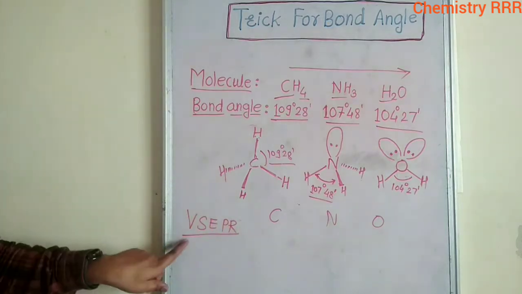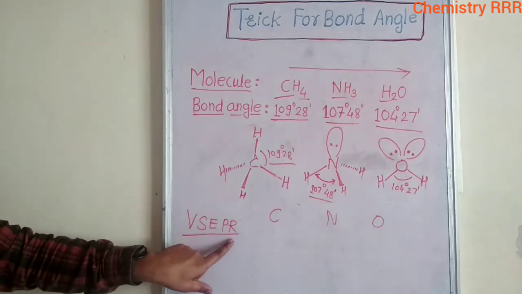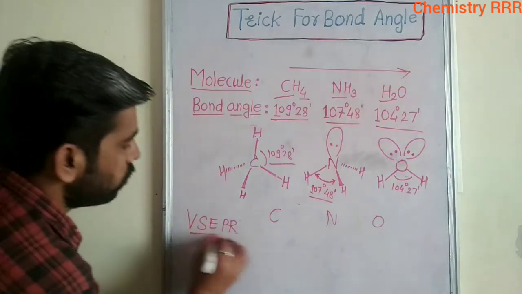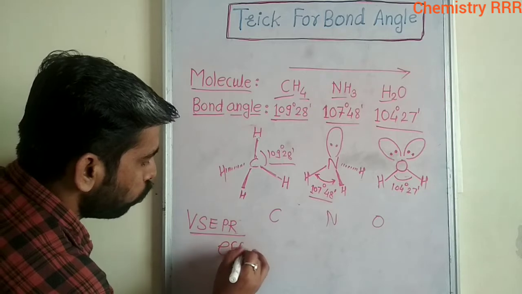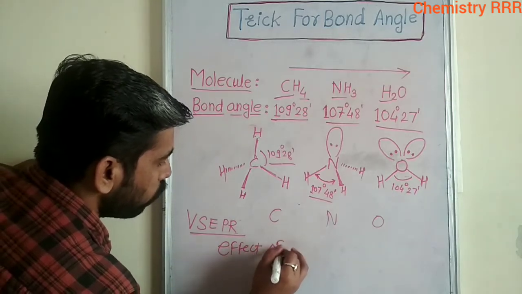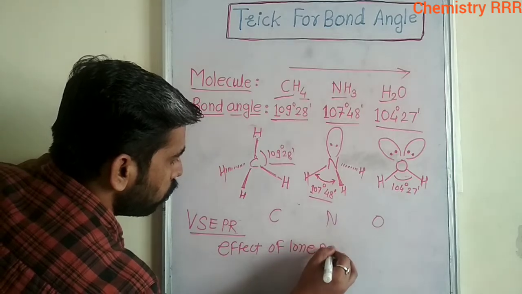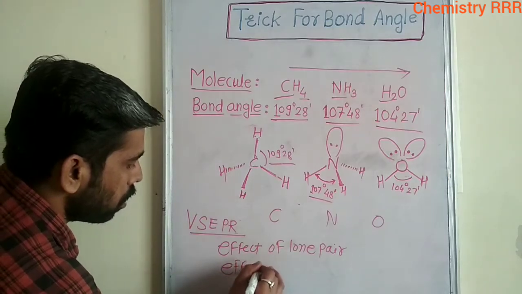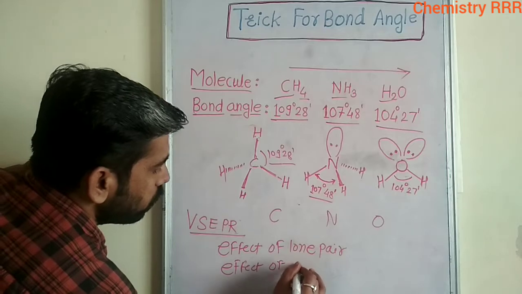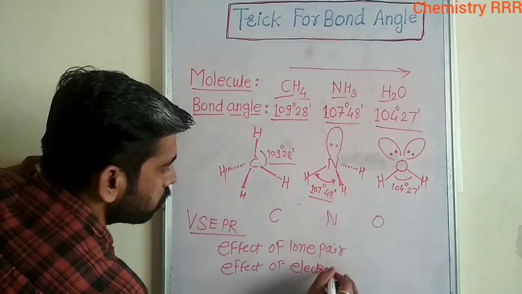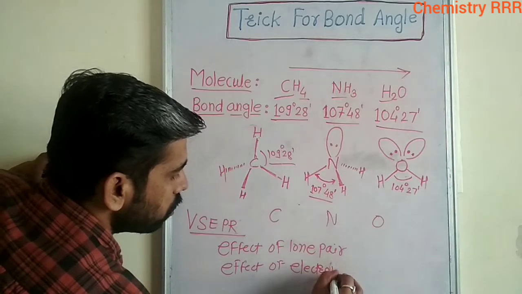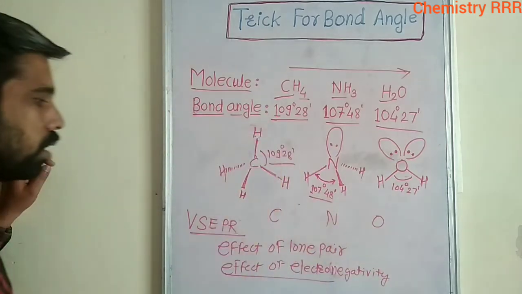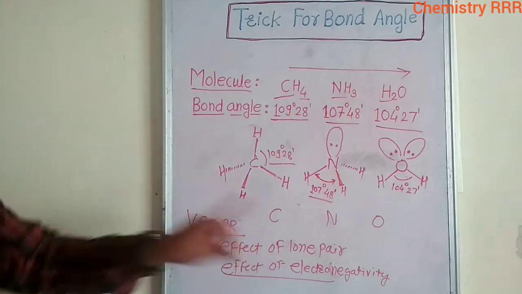The two factors that affect the bond angles are, first, the effect of lone pair, and second, the effect of electronegativity.